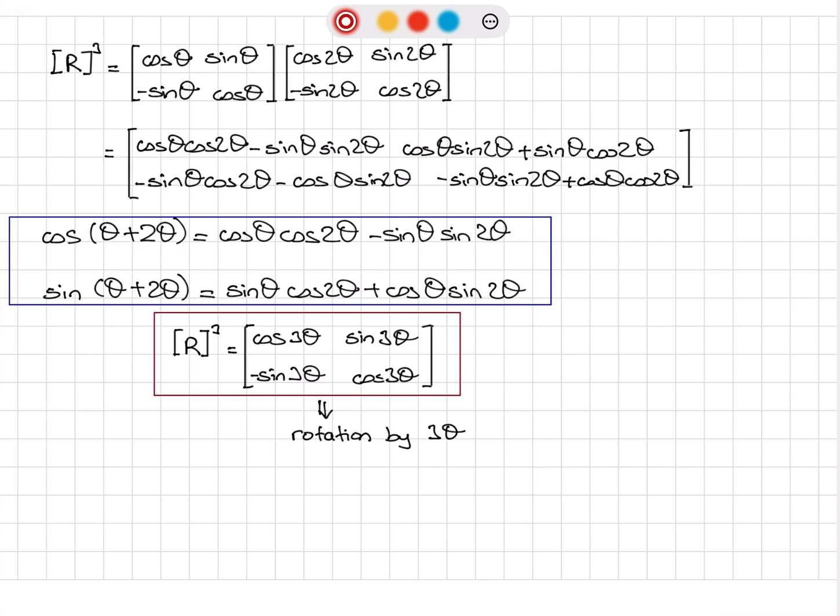And with the addition formulas, cosine of a plus b is cosine a cosine b minus sine a sine b, and sine of a plus b is sine a cosine b plus cosine a sine b, we obtain the 3 theta formulas. We can see that that's exactly what we obtain in the multiplication of R square with the R matrix, and that corresponds to a rotation by an angle of 3 theta.